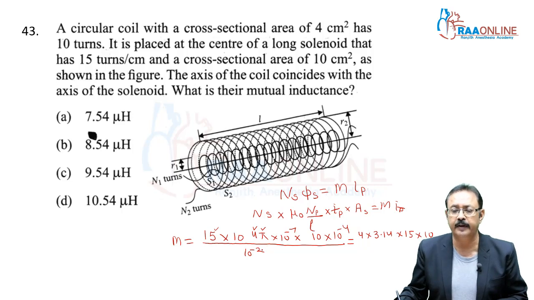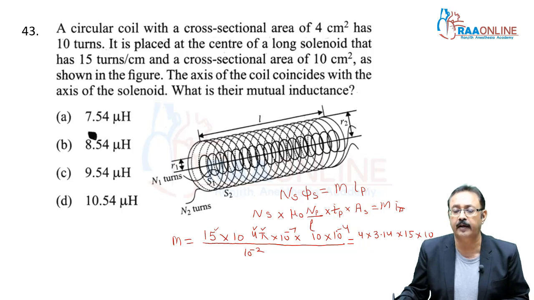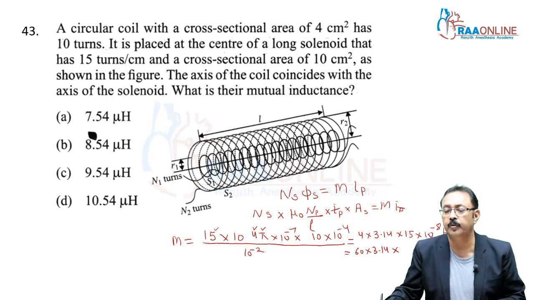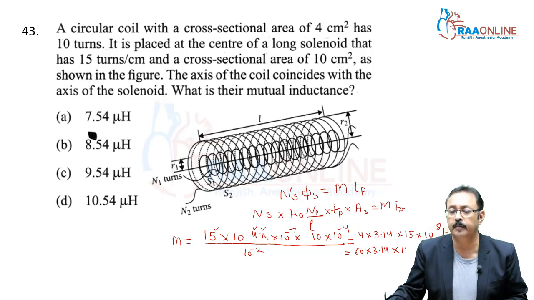Now 10 to the power, take minus 2 in numerator, plus 2 and 1, 3 and minus 11. So we get minus 8 Henry. Remove minus 6, so we will get minus 2. So it is 15 into 4, 60, into 3.14 into 10 to the power minus 2 microhenry.